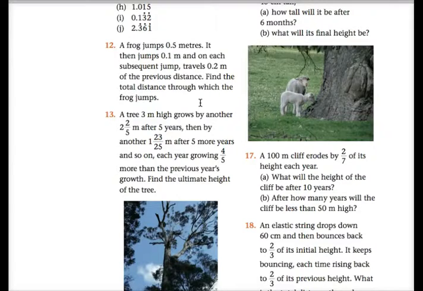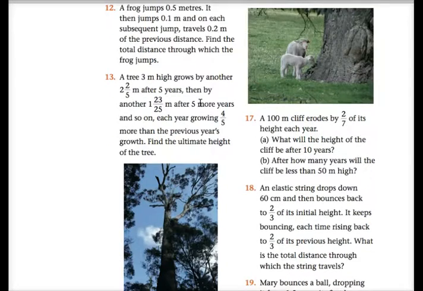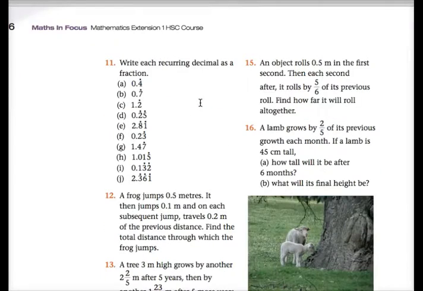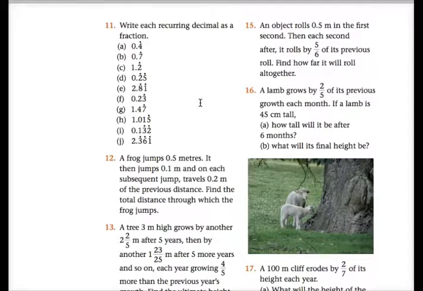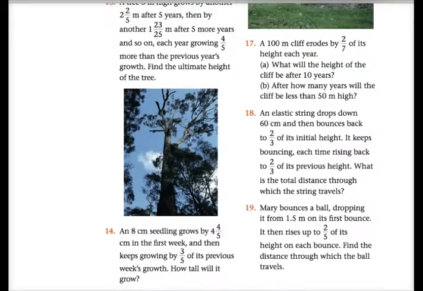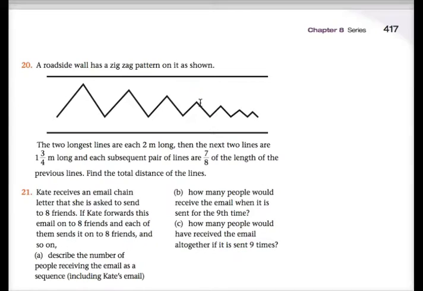And I'd be trying to do as many as I can from the others because you need practice with them. So you can do question 12, and just 16, not 15. 12, 16, 17, 18, and you can do 20 and 21.